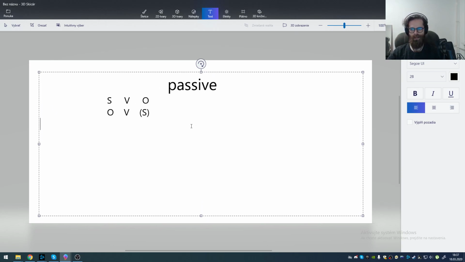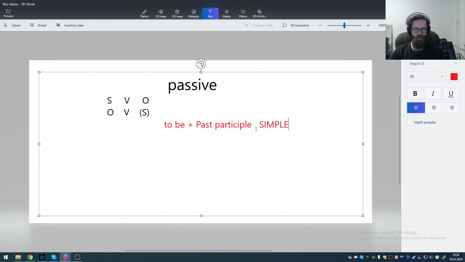I'll explain. This is the form that we use: to be plus past participle. Past participle, that's the third column of the irregular verbs. Regular verbs is the same. So this is the verb form. Verb here and verb here. This is how every verb in passive will look, of course, in simple forms.